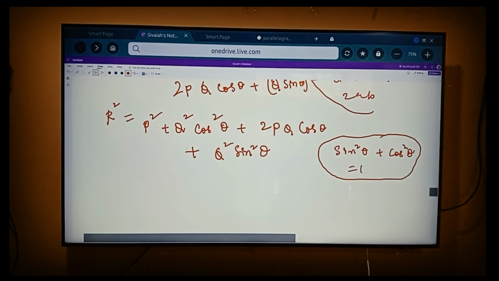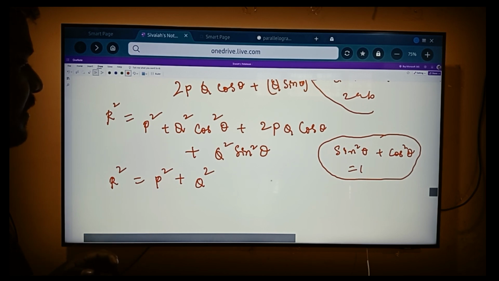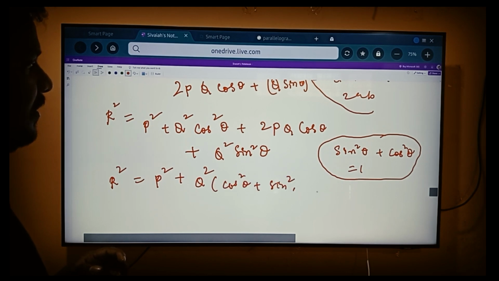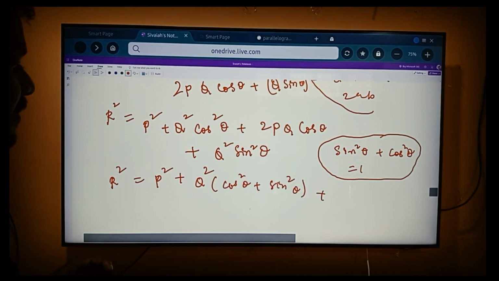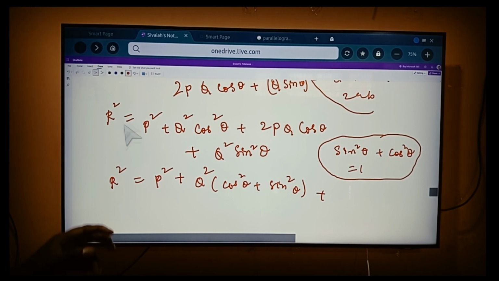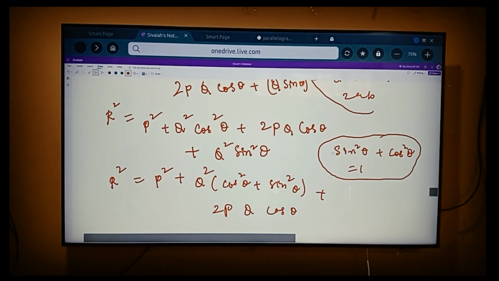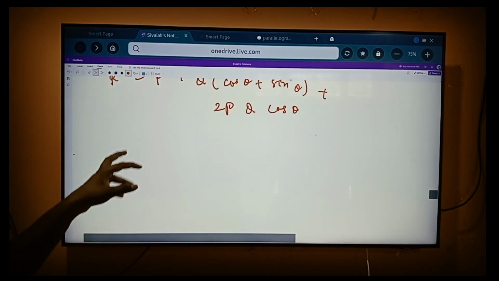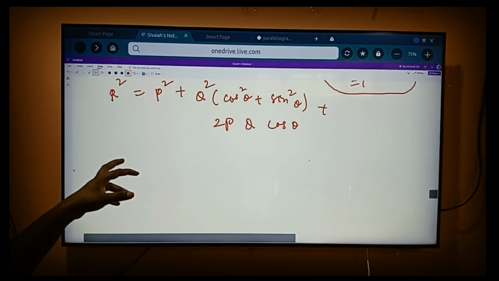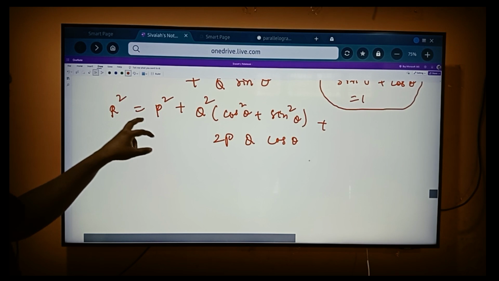So the resultant R square equal to P square plus Q square (cos square theta plus sin square theta) plus 2PQ cos theta.